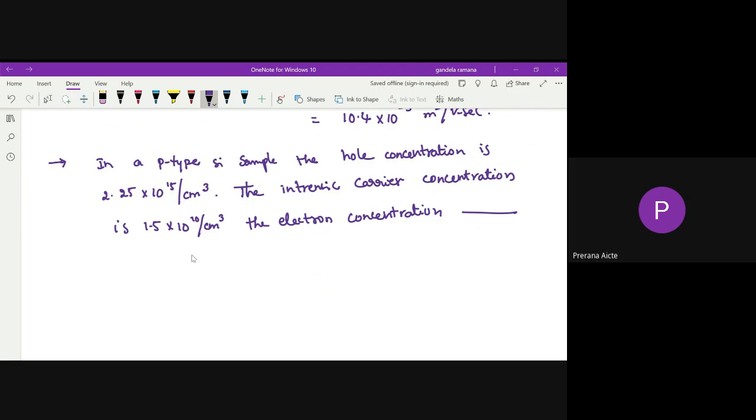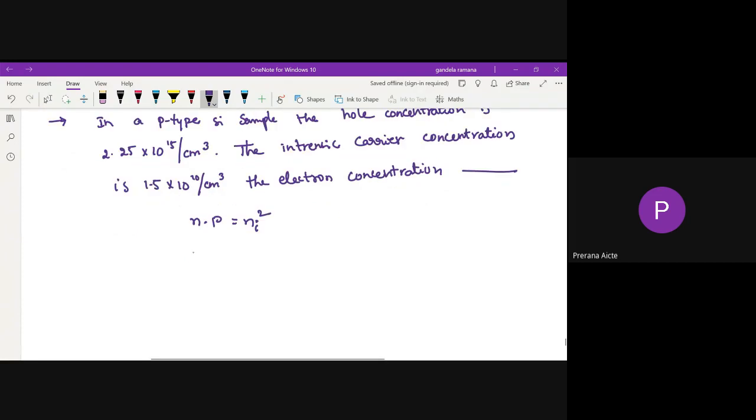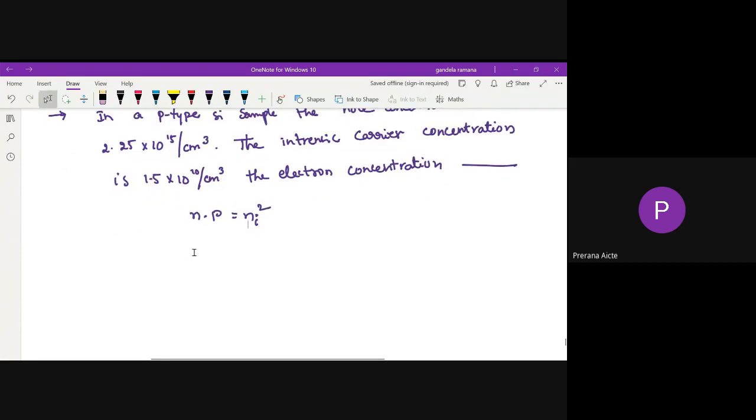According to the mass action law, use it to find the minority carrier concentration. What is the formula? N into P is equal to the square of the intrinsic concentration.